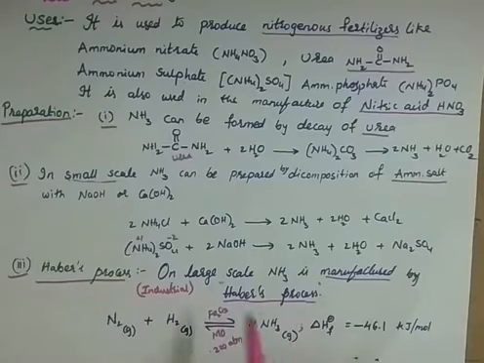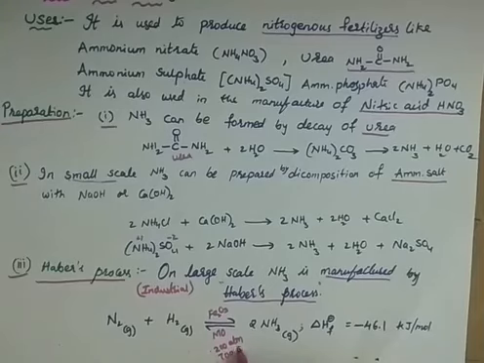But you must mention the catalyst and promoter, and the temperature and pressure, and also how much temperature is given. Then only we can say around 700 Kelvin temperature is given. Very high temperature and very high pressure are given, because this is a reversible reaction.